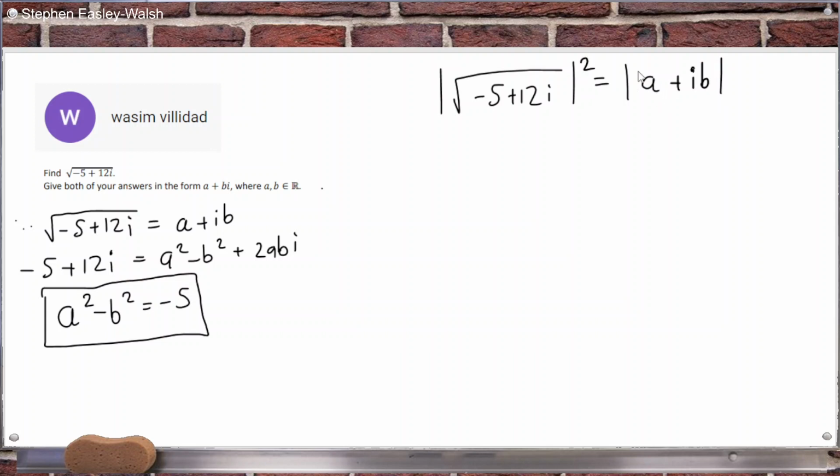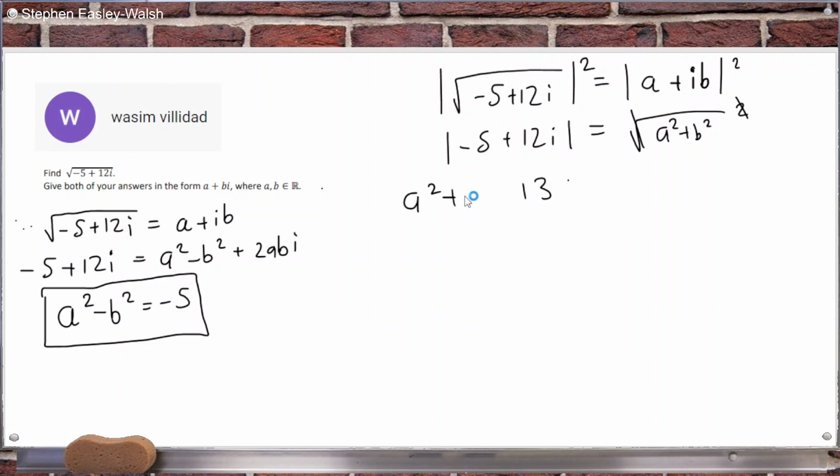If you square both sides, then what you have here is the modulus of minus 5 plus 12i equals the square root of a squared plus b squared, squared. So that cancels the root there, and that is 13. So you get 13 equals a squared plus b squared. And those two equations are much nicer to work with than what I was doing previously.